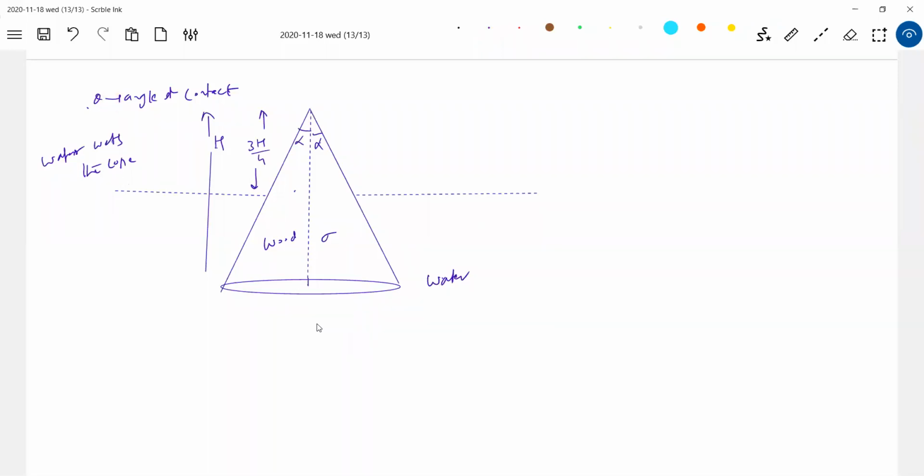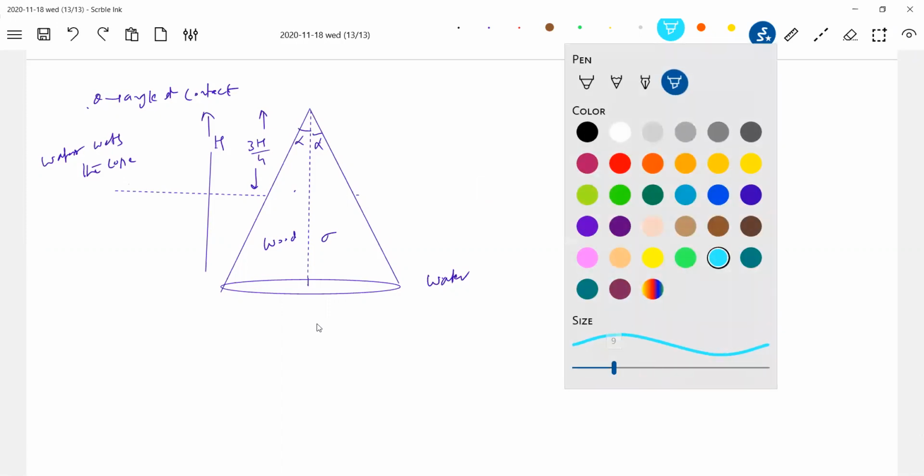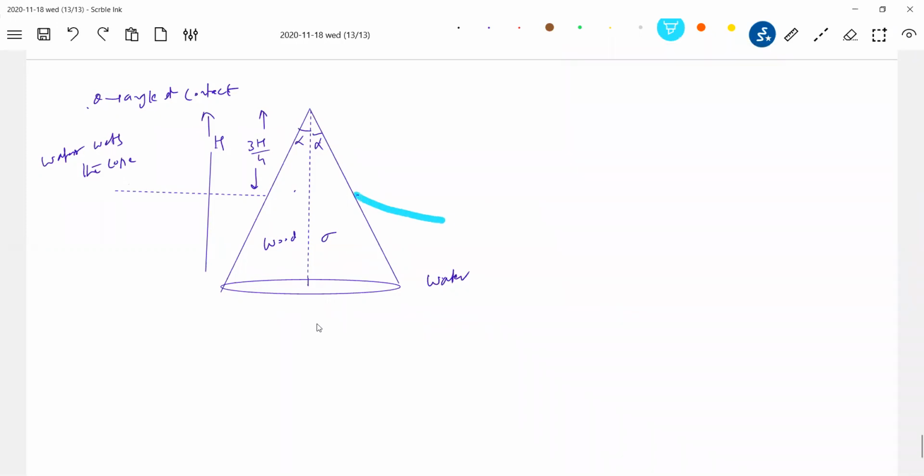So how will the liquid take shape here? The liquid here will be like this. Now what is that theta?